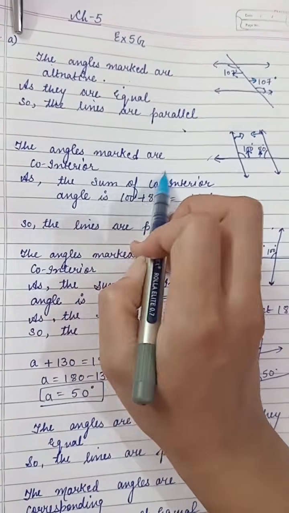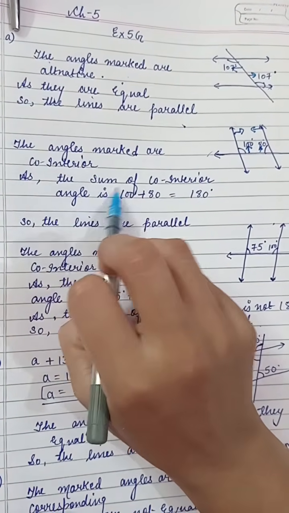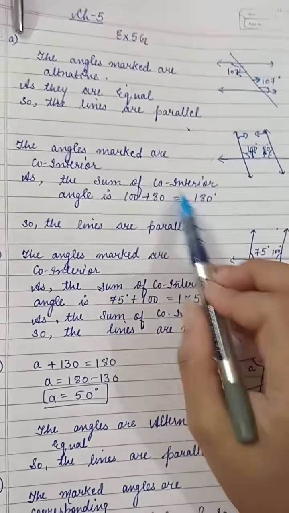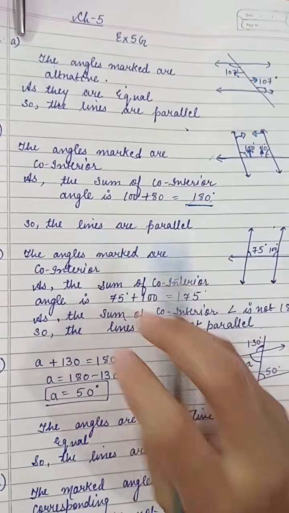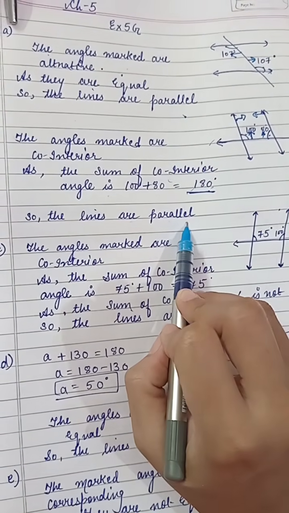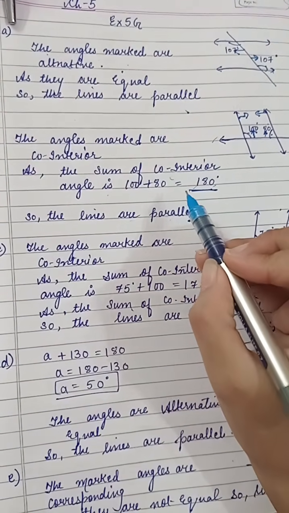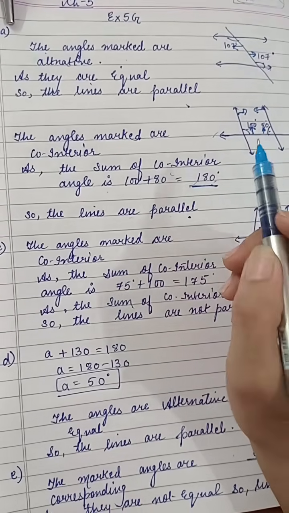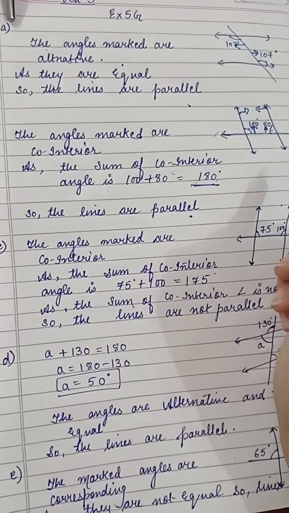The angles marked are co-interior, and the sum of the co-interior angles here is, let's check, 100 plus 80, which is 180. Yes, the sum of co-interior angles is 180, therefore the lines are parallel. So the first thing you have to check is whether the marked angles are alternate, co-interior or corresponding.